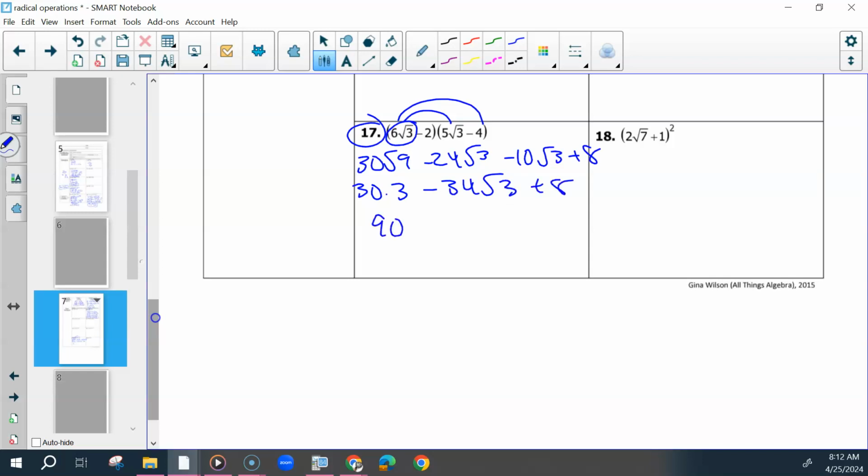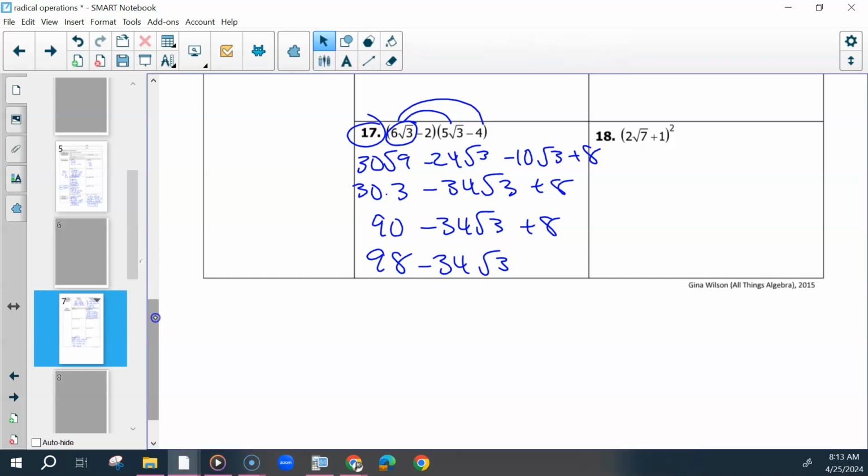And then if I combine my constants, what would our final answer be? We're adding here, so 98. Check these in your calculator also. I am having difficulty with the calculator, so I'm going to let you guys do that. But if you put all of that in, you should get the same decimals.